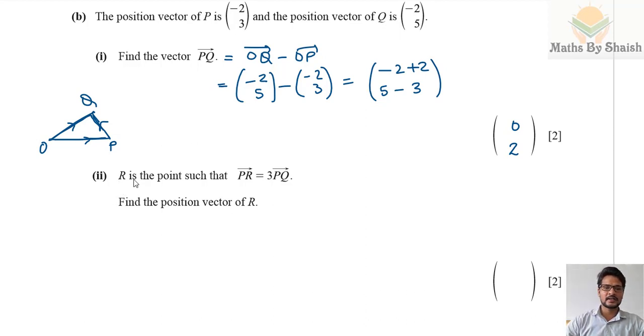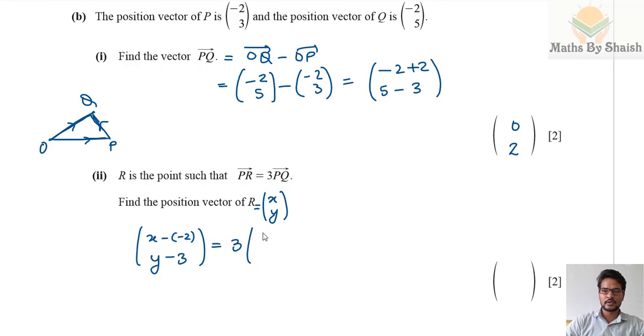Now next, R is the point such that vector PR is the same as 3 times vector PQ. Find the position vector of R. So let's say the position vector of R is (x, y). According to the formula again, PR would be R minus P, that is (x minus minus 2, y minus 3), which is the same as 3 times PQ, and PQ from the previous part we got as (0, 2).